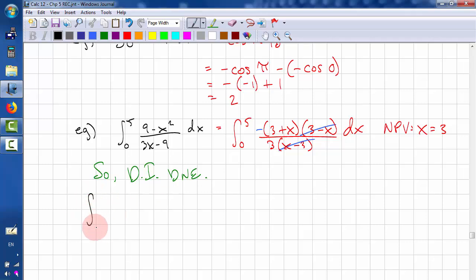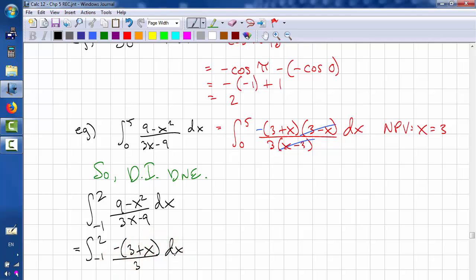Okay, so since that doesn't work, let's try an integral that will work. So we'll make it go from -1 to 2, 9 minus x squared over 3x minus 9 dx. And we've already calculated that. So we'll say integral from -1 to 2 of -3 plus x over 3 dx.